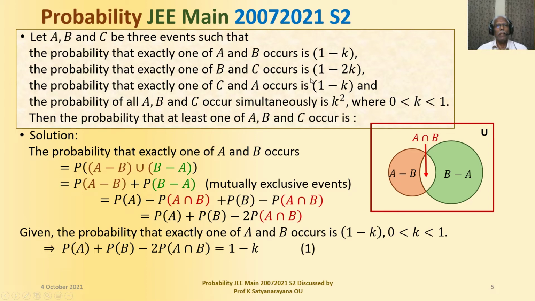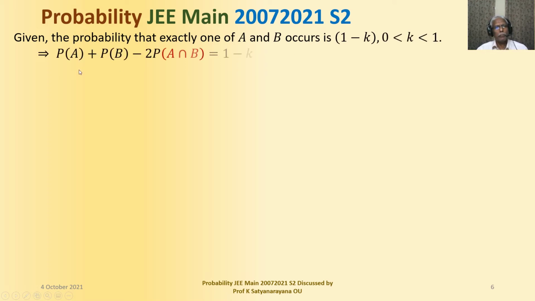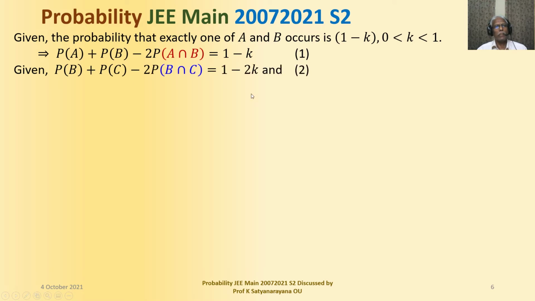And similarly, the third one, the probability that exactly one of C and A occurs will be probability of A plus probability of C minus 2 times probability of A intersection C, that is 1 minus k. So we bring forward this as the first equation, the second equation, and the third equation.